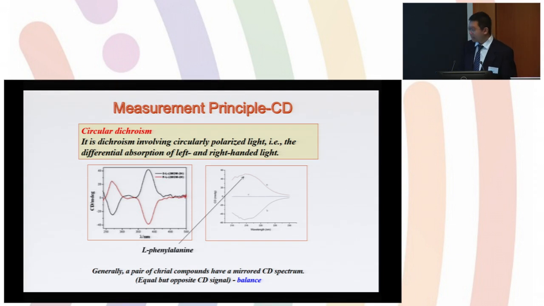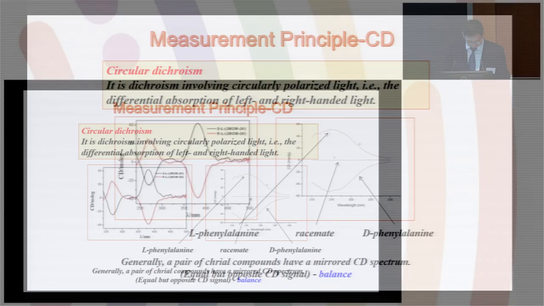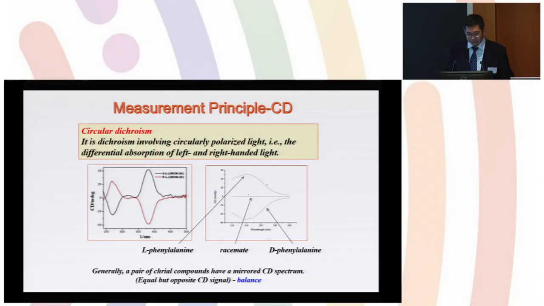This is the CD spectrum of L-phenylalanine. And this is the CD spectrum of D-phenylalanine. And if we mix the L-phenylalanine with D-phenylalanine with the same amount, we will get a racemate solution. And the racemate solution has no CD signal. So in this way, the CD is just like a balance.